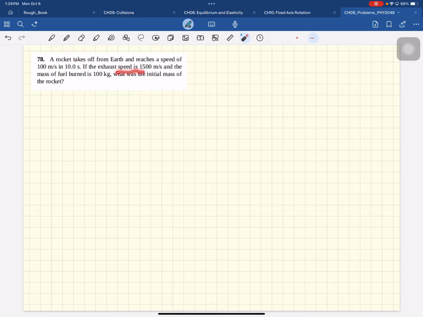If the exhaust speed is 1500 meters per second and the mass of the fuel burnt is 100 kg, what is the initial mass of the rocket?